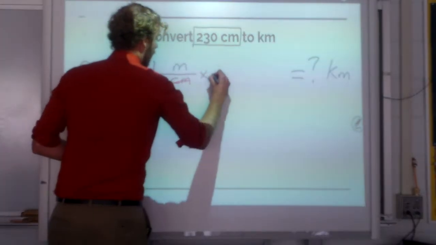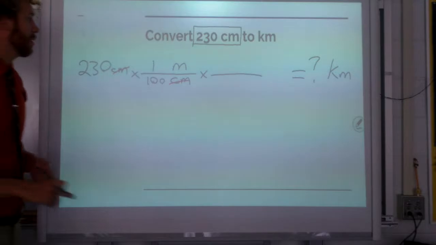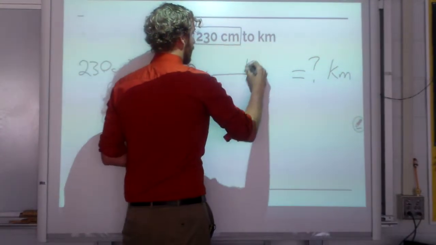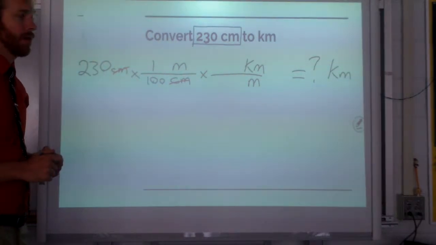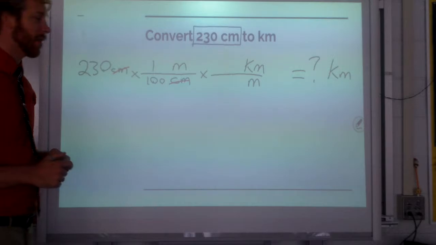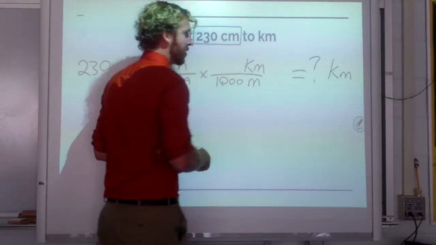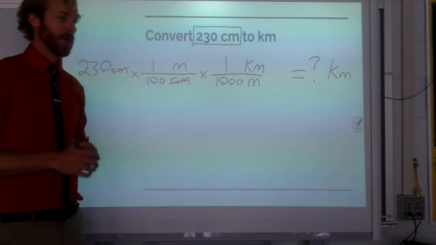Now we're going to have another times and a line because we're at meters and we want to get all the way to kilometers. So we have meters on top, we've got to put meters on the bottom to get rid of it. Put kilometers on top. Well, how many meters are in a kilometer? There are 1,000 meters in 1 kilometer.